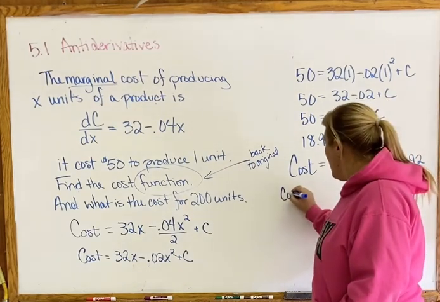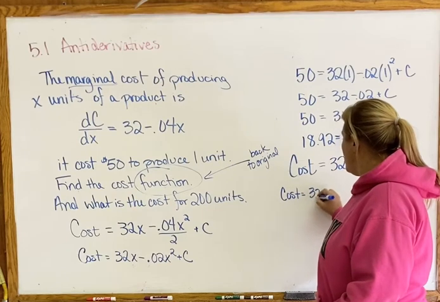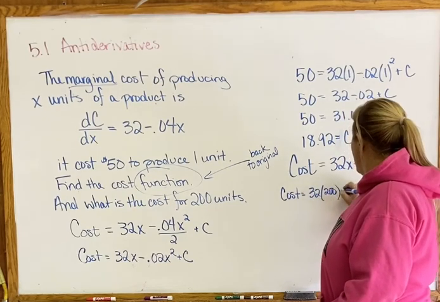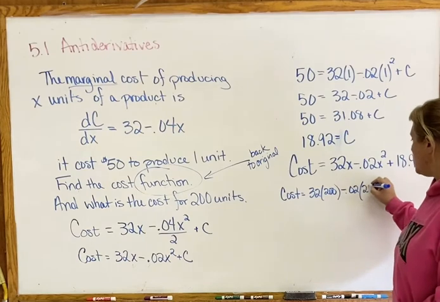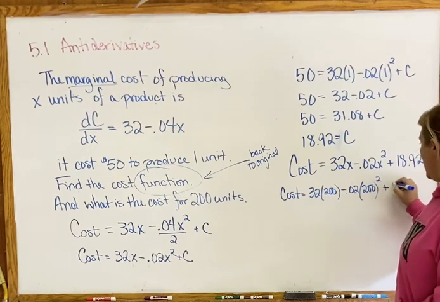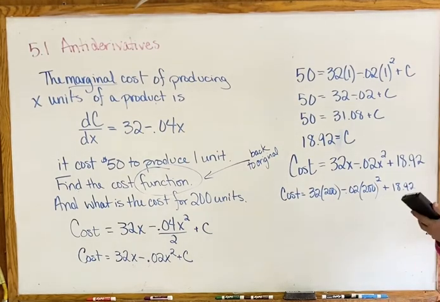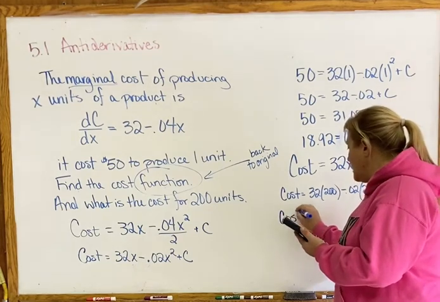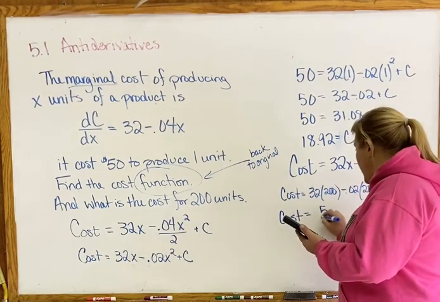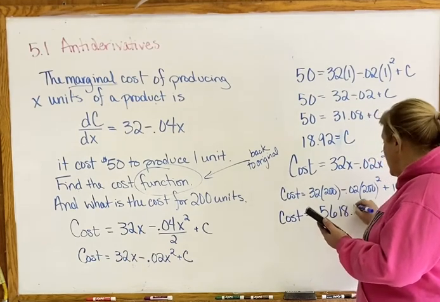So cost equals 32 times 200 minus 0.02 times 200 squared plus 18.92. I'm most definitely using my calculator for this one, and I got a cost of $5,618.92.